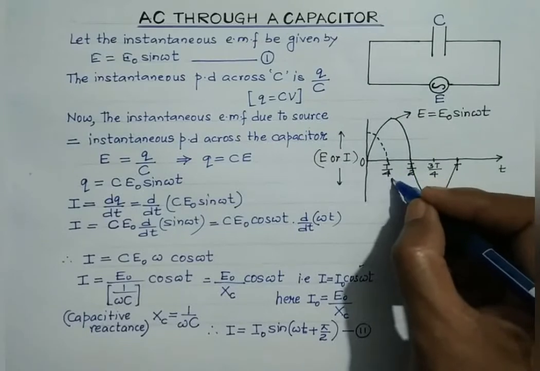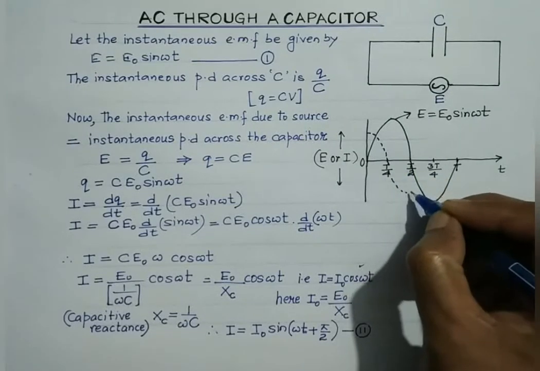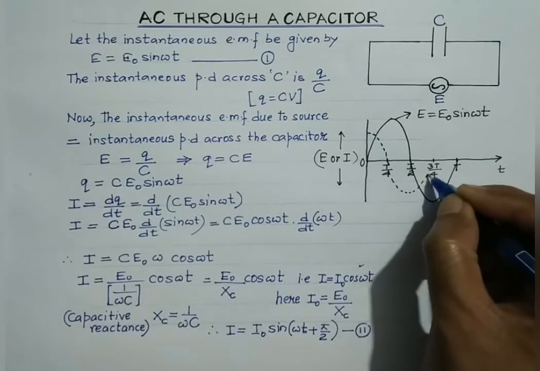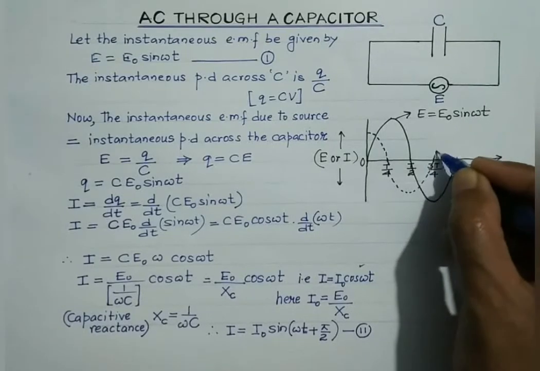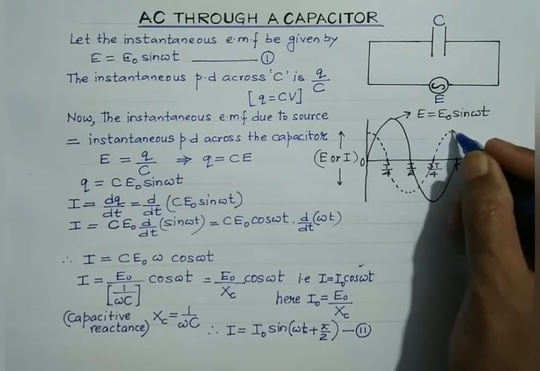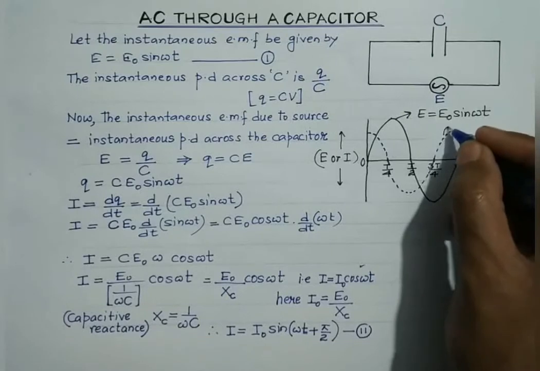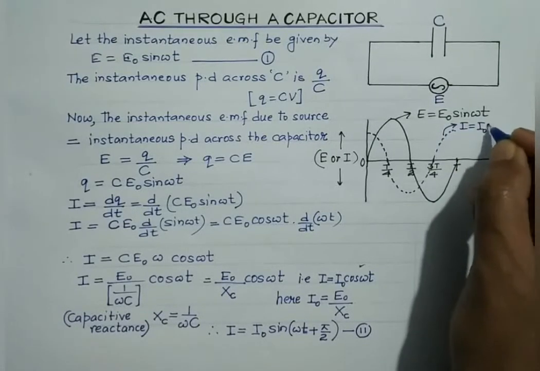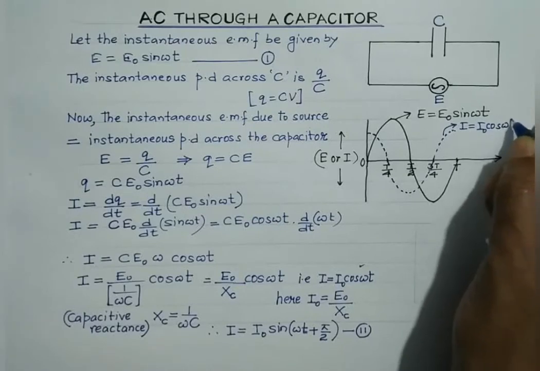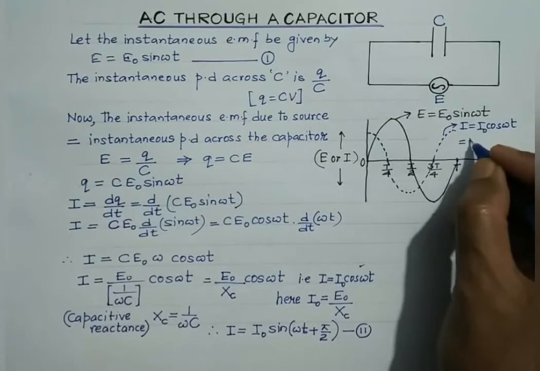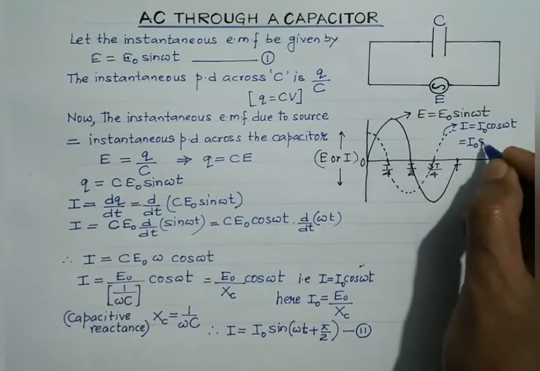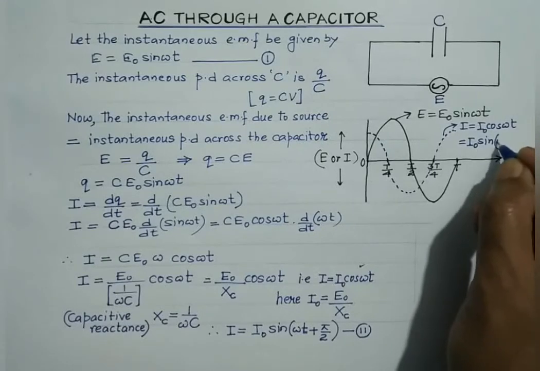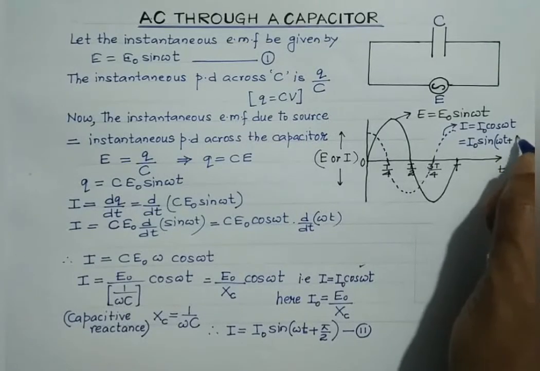So it will be like this. So this is the graph for I equals to I naught cos omega t, or I equals to I naught sin omega t plus pi by 2.